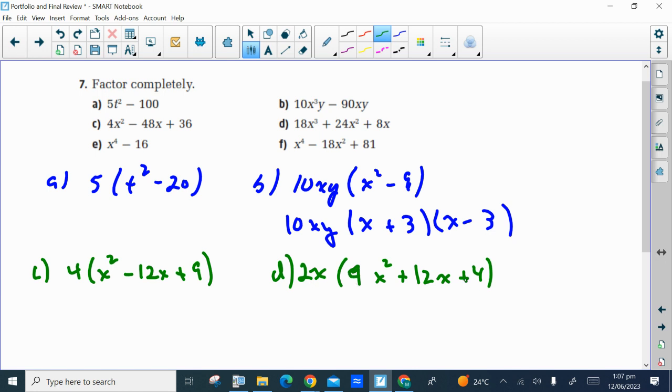And this trinomial looks like it may be a perfect square trinomial because 9x squared is a perfect square. The square root of that is 3x. 4 is a perfect square. The square root of that is 2. If you multiply them together, you'll get 6x, doubled is 12x. Because it's a positive 12x, it'll be 3x plus 2, all squared. There's your factors.